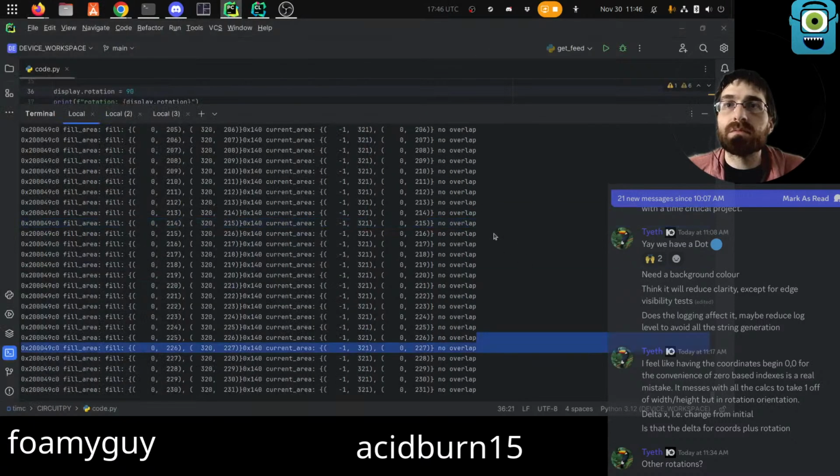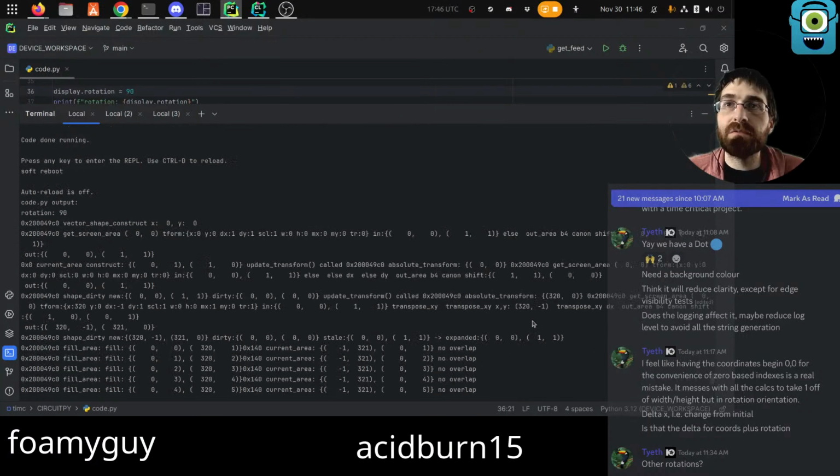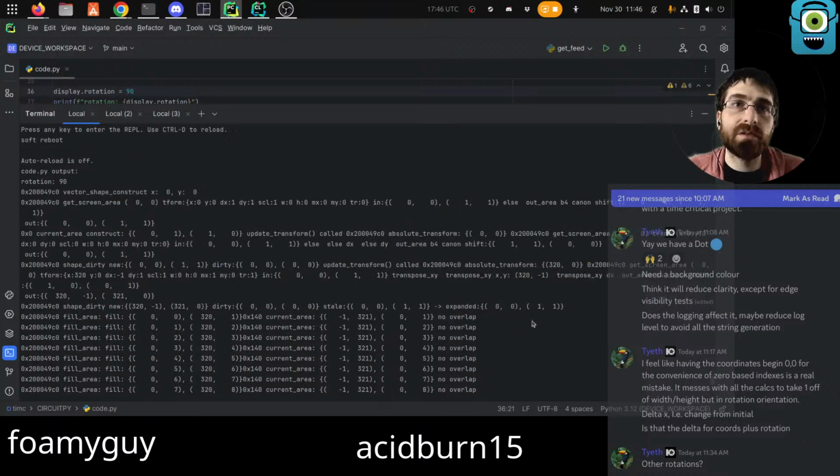Okay. Do we have a fill area fill? I almost wish we could get a fill area fill even when we were outside, so I could know what numbers it came up with. We have no fill area fill because we're too far over by 1. So in 90, we did get dx was -1.